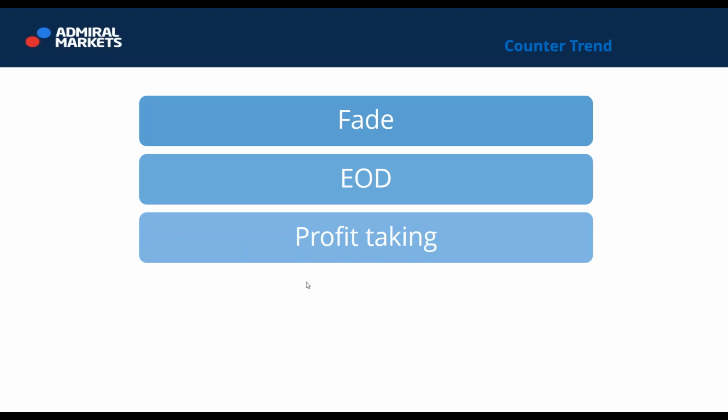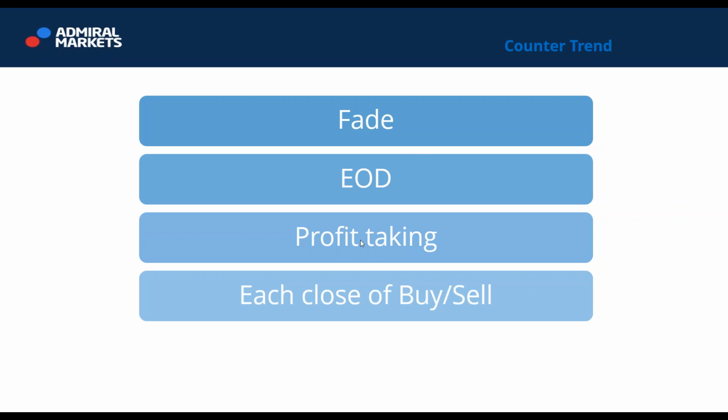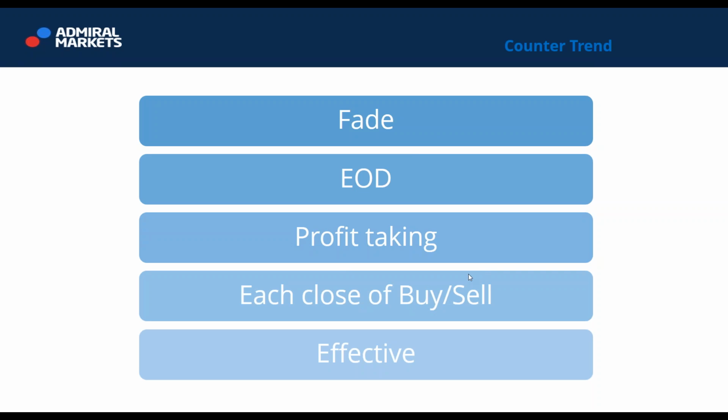That is because price has hit important resistance, and the majority of traders, or simply a strong institutional trader or bank, is closing their big longs or big shorts, and that is why we see the opposite move in the market. So each close of a buy or sell position is an automatic counter move in the market. It's actually a very effective way to make additional profits, especially, guys, if you miss a trading opportunity.